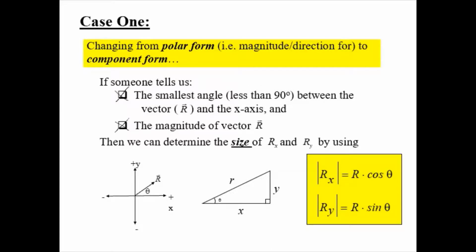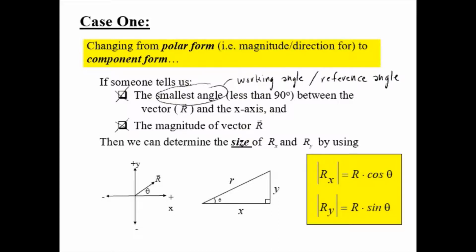The easiest way to figure out that smallest angle, which a lot of books will call the working angle or the reference angle, and I've seen this terminology used in books, you might have had a math professor that used that terminology, is this: it's the smallest angle between the vector and the x-axis.